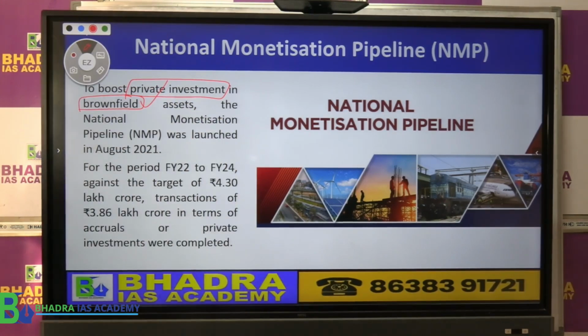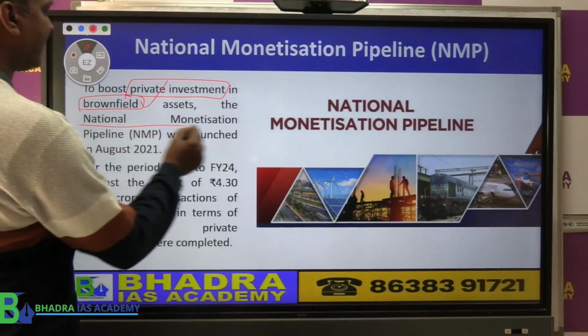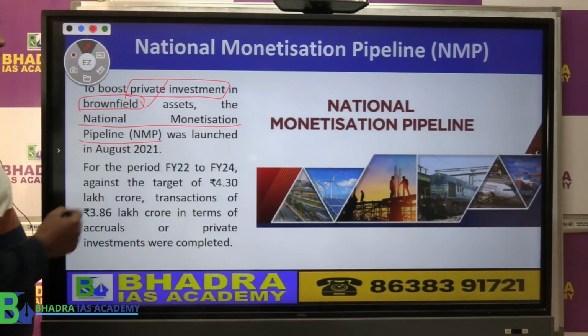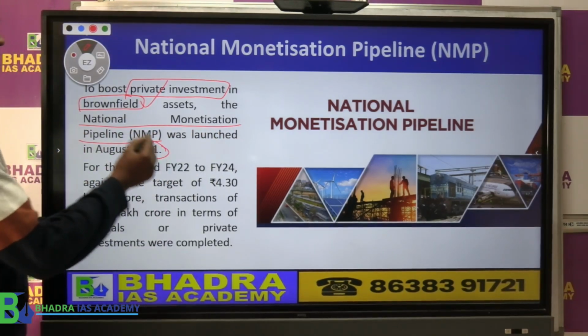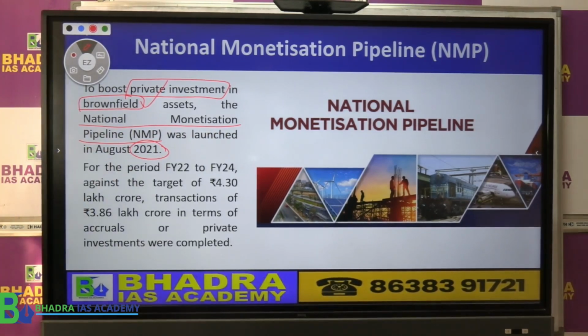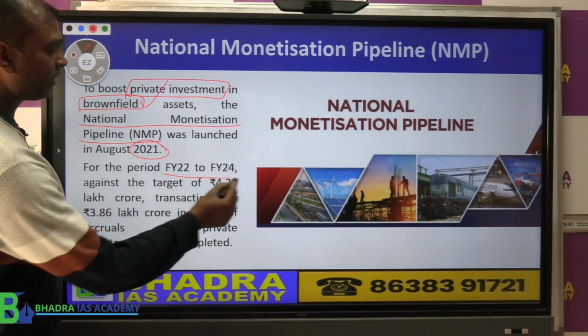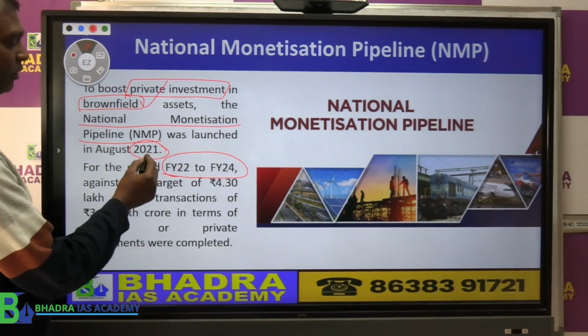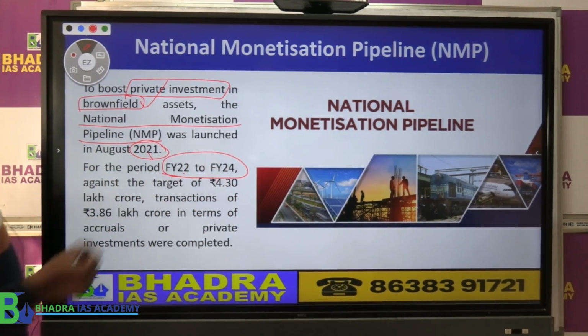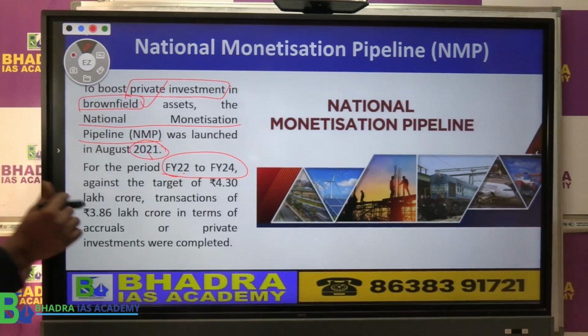So the government launched the National Monetization Pipeline Scheme in 2021 according to the economic survey. Now if you look at it, from 2022 to 24, after launching in 21, the government's target was about 4 lakh crore.